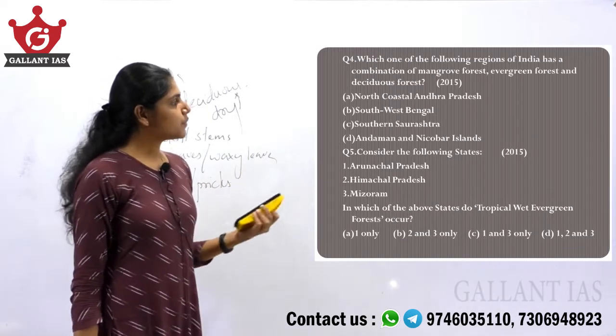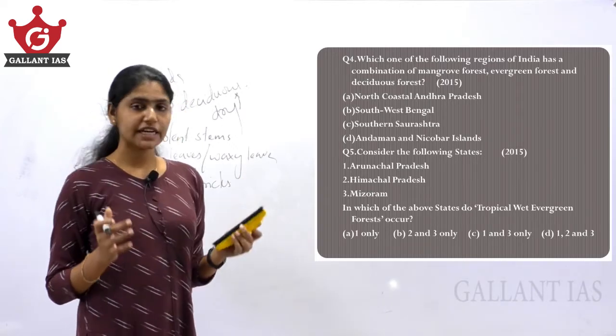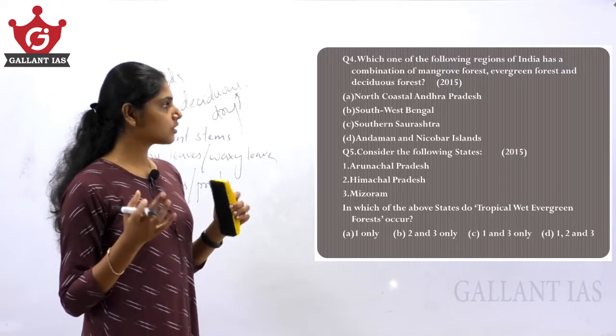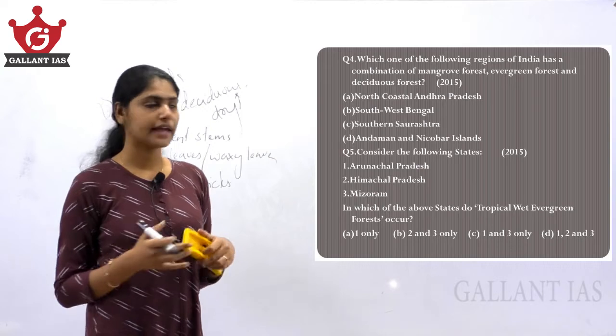Fourth question, which one of the following regions of India has a combination of mangrove forest, evergreen forest and deciduous forest? North coastal Andhra Pradesh, South West Bengal, Southern Saurashtra, Andaman and Nicobar Islands.